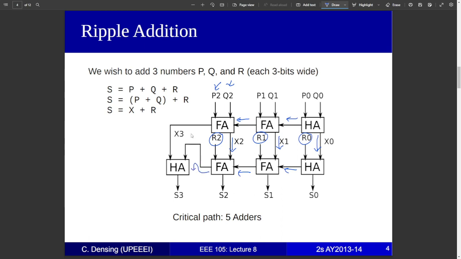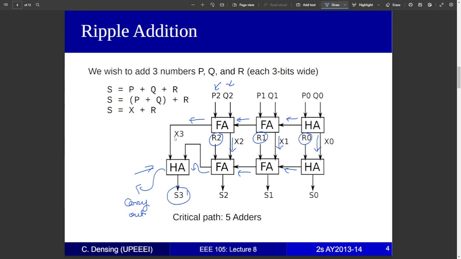And the two carry outs from the first layer and the second layer are then added over here at the end, where we get S3. We actually have a carry out as well over here, which sometimes we will need to take into account, but for partial products of multiplication, this carry out will never be 1. So you don't have to worry about that if you're adding partial products of multiplication.